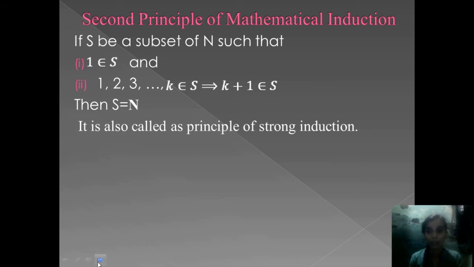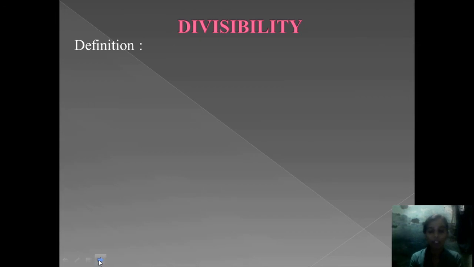Okay, after the principle of mathematical induction, we have divisibility. In the previous video we talked about the integers and their properties, that they are closed under addition, multiplication and subtraction. Now what about division? It is not closed under division.